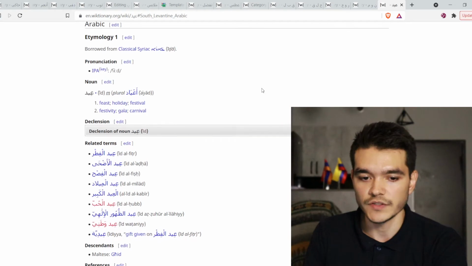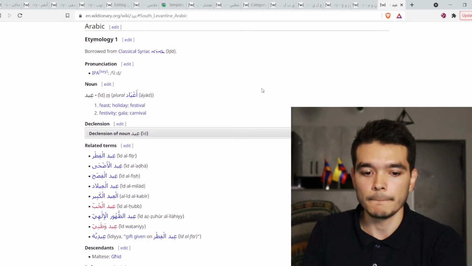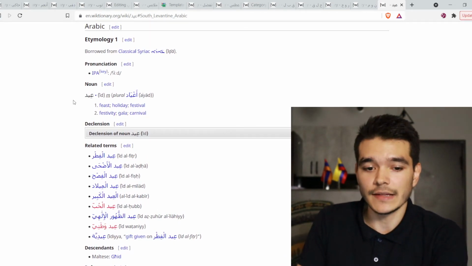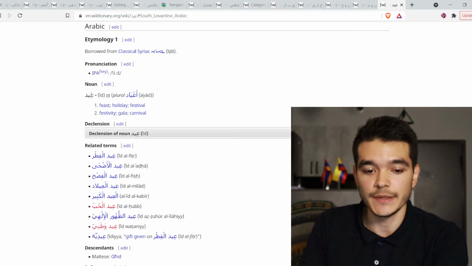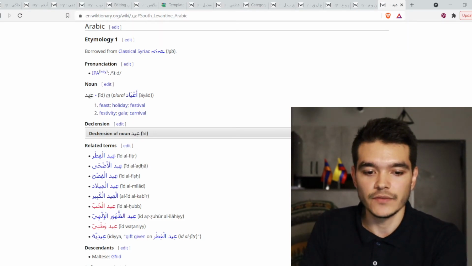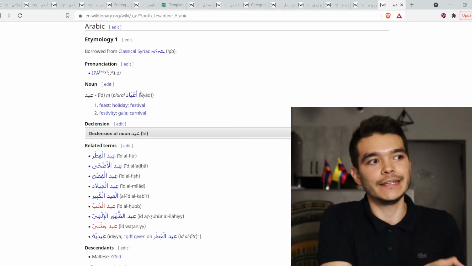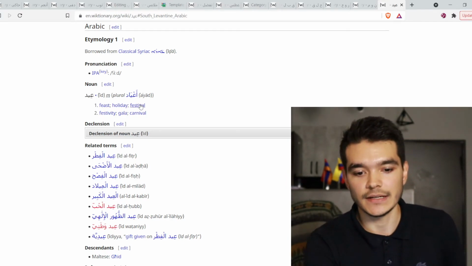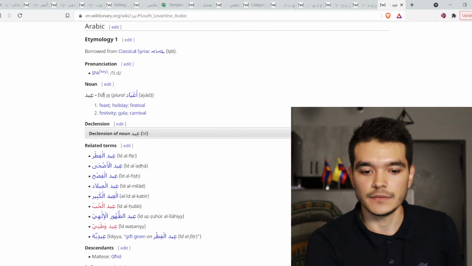Maybe that's just an oversight or something. But I guess you could analyze the root of this word as being Ain Ya Dal, not Waw, but Ya. And that's because the only other form that we have of this word from which we can glean what is the root is Ayad.